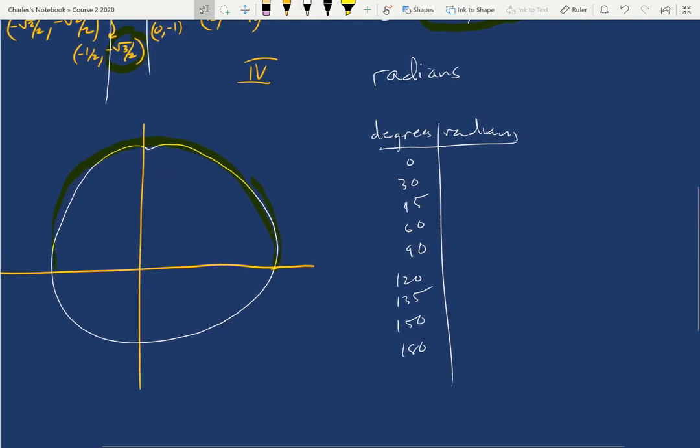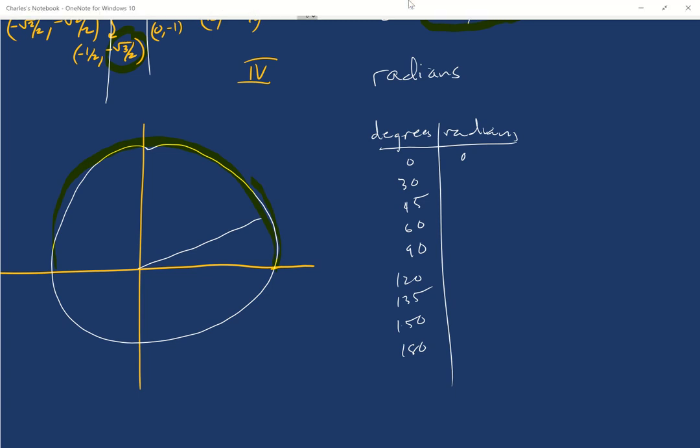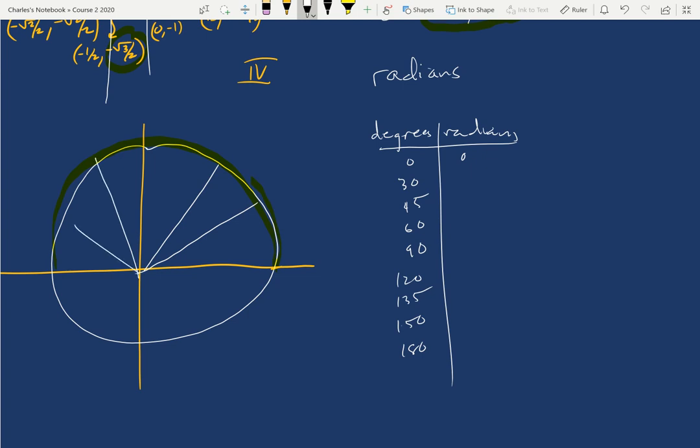If I think of what is 0, well, 0 is going to be 0. If I think of 30, you can think of 30 as 30 degrees, but you could also think of 30 as how many 30-degree angles I could fit in this whole half circle. There are 6 of them, right?